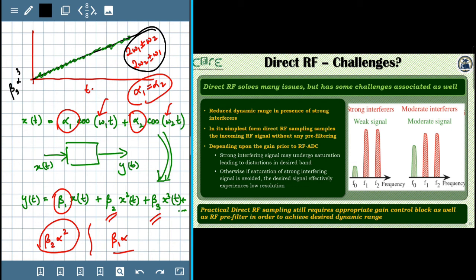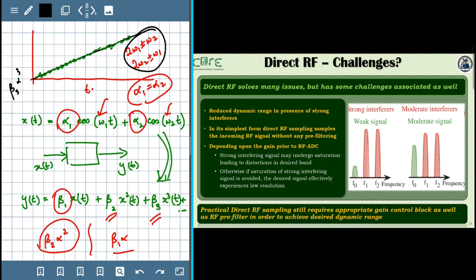Number one is the reduced dynamic range in presence of strong interferers. Unlike the heterodyne or super heterodyne architectures where there are a lot of filters that reject the out of band signals, and therefore at the time of analog to digital conversion, the signal level is adjusted in a very precise manner to suit the range of ADCs with respect to your signal of interest.